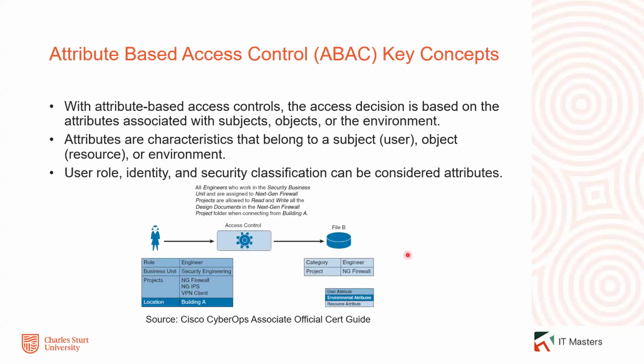The last one is attribute-based access control. So with these access controls, the decision is based on the attributes associated with the subjects, the objects, or the environment, and how they interact together. So this is really, really flexible, but it can get really overwhelmingly complex to try and set up and administer.